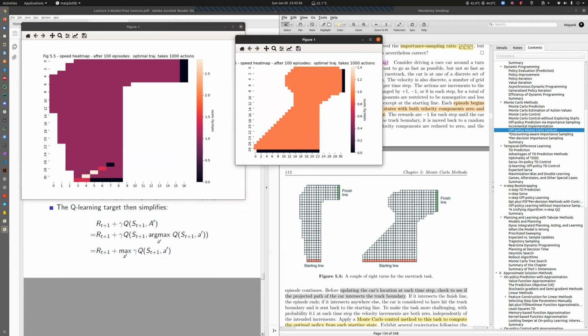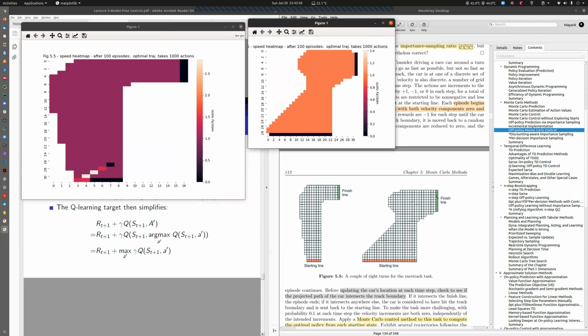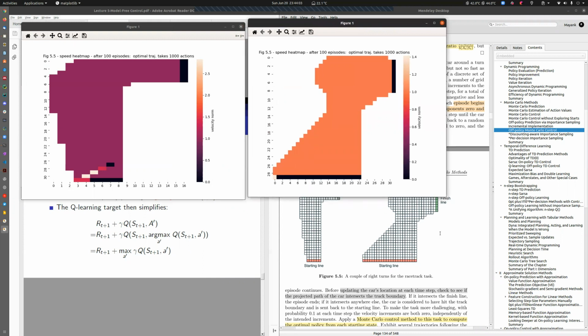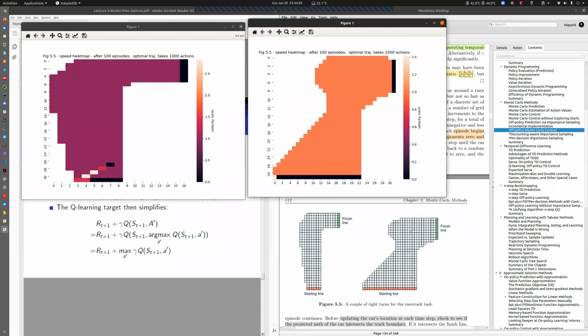So this is the right map. With respect to the finish line, there are a couple of right turns for the racetrack task. These are the states from 0 to 30 on the y-axis and from 0 to 16 on the x-axis.